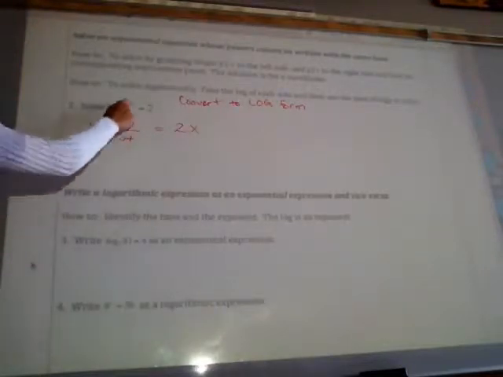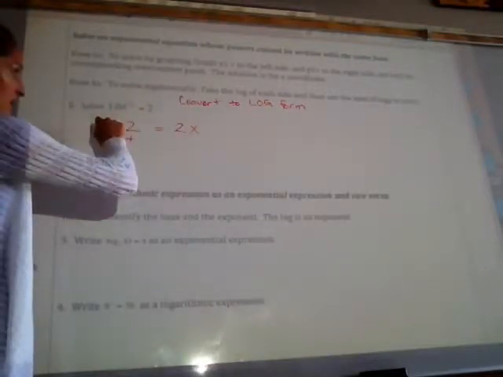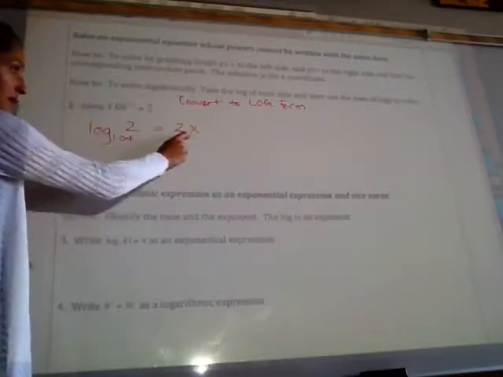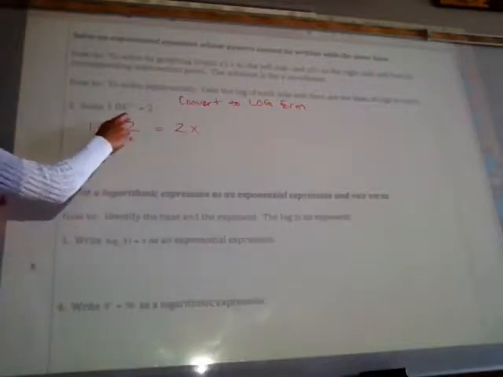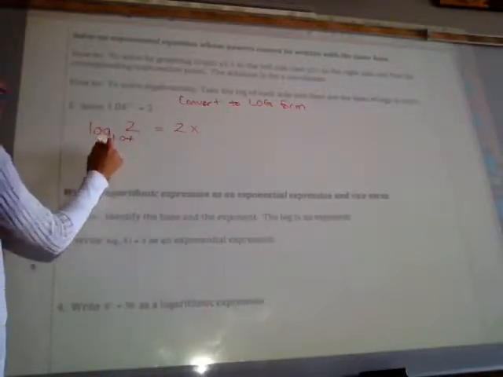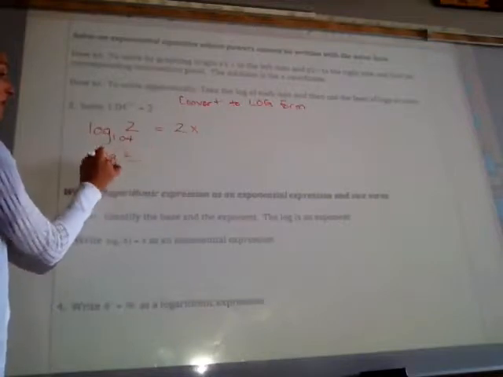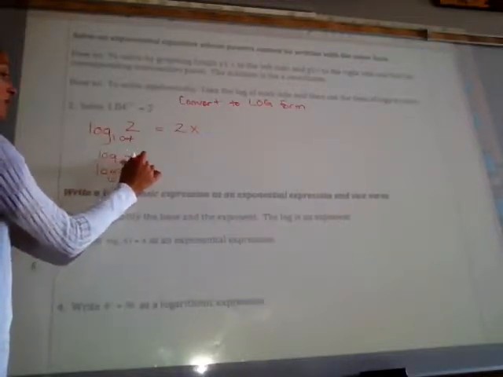That's the whole point of changing forms, so that I get my answer out of the exponent, and it's equal to it. Okay, change of base, log 2 over log 1.04.